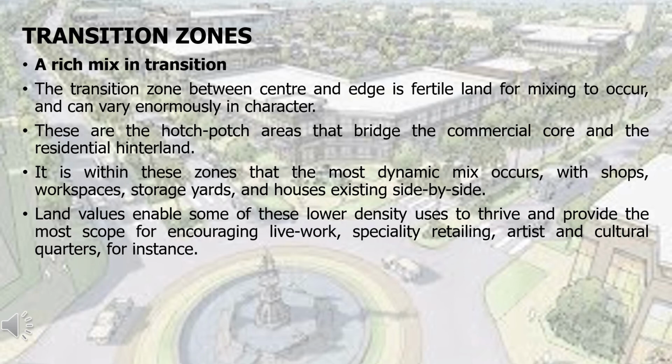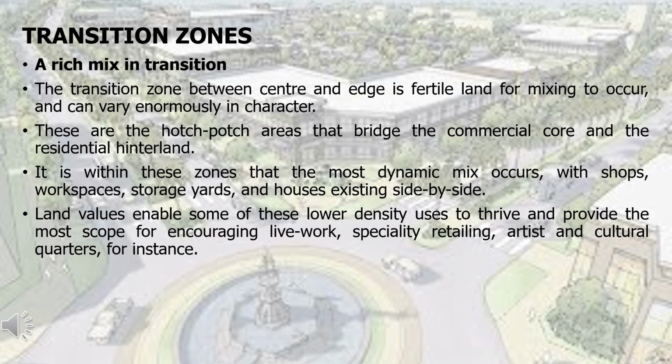These are the hodgepodge areas that bridge the commercial core and the residential region. So there is some kind of overlapping here that urban planners and urban designers can look at, finding creative ways of making those transitions. It is within these zones that the most dynamic mix can be planned.